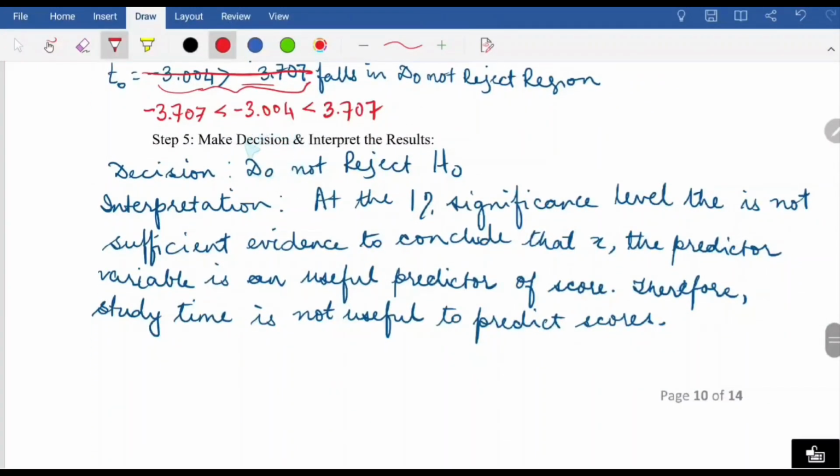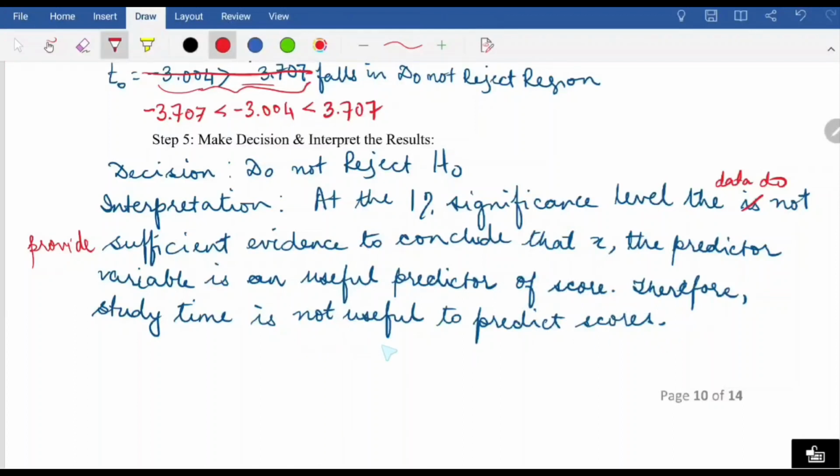So at the end, the decision is do not reject the null hypothesis, and the interpretation is at the 1% significance level, the data do not provide sufficient evidence to conclude that X, the predictor variable, is a useful predictor of scores.